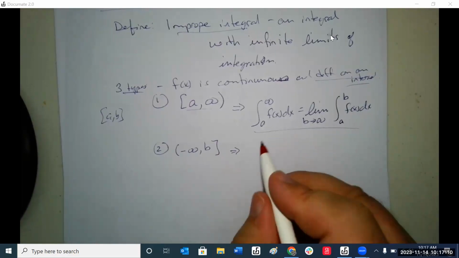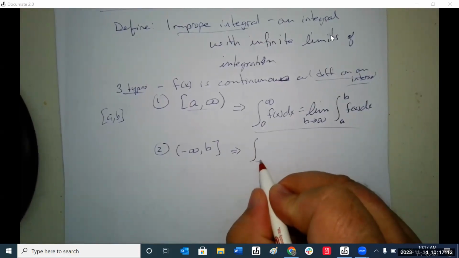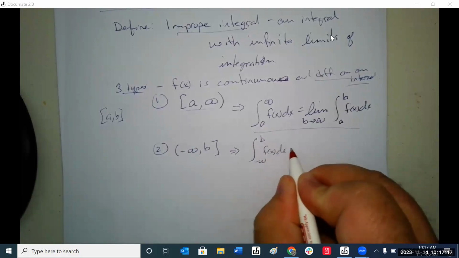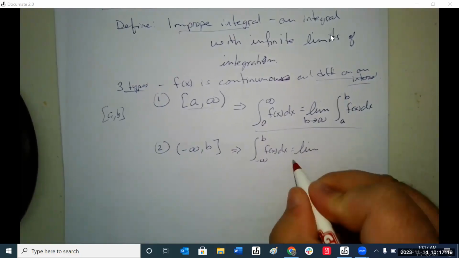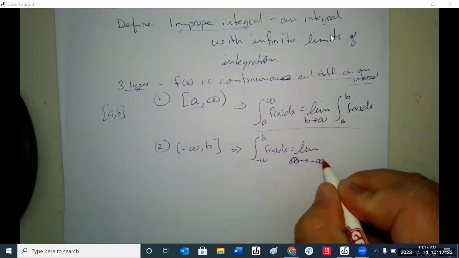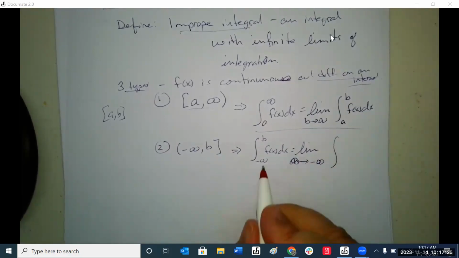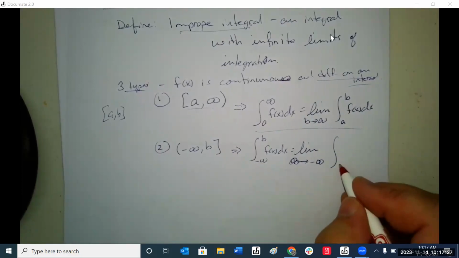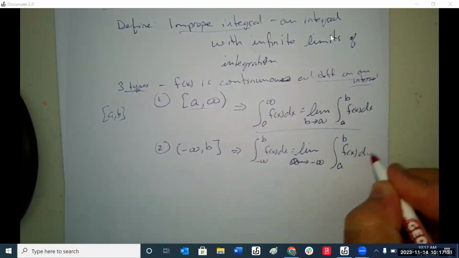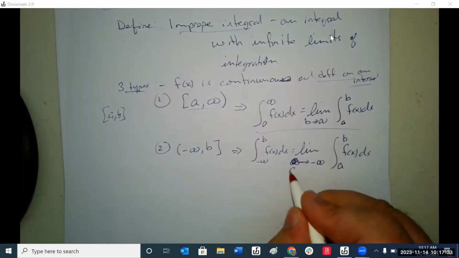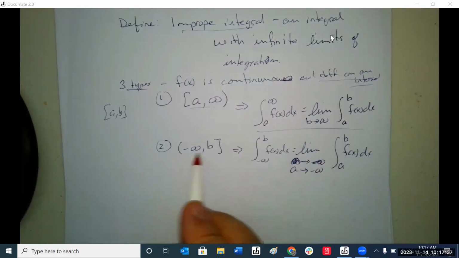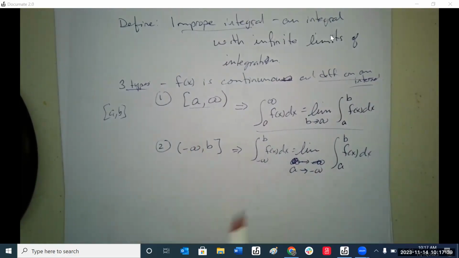If this is true, then we'll go from negative infinity to b of our function equals the limit as a goes to negative infinity, because that's where we want to go to, of a to b. Remember, our first term is a.